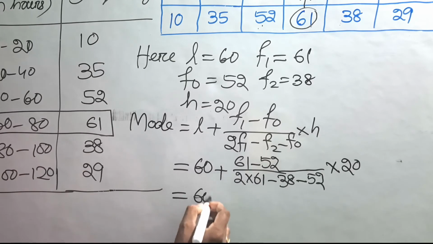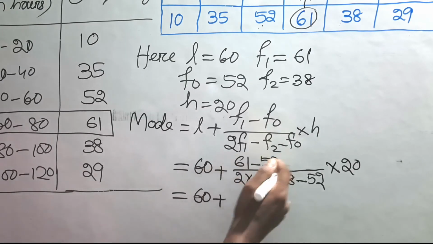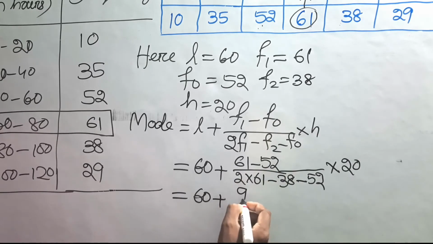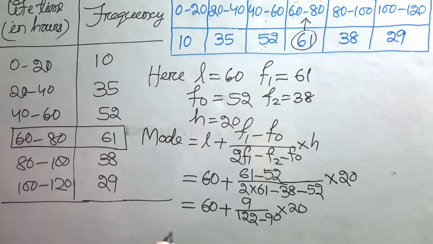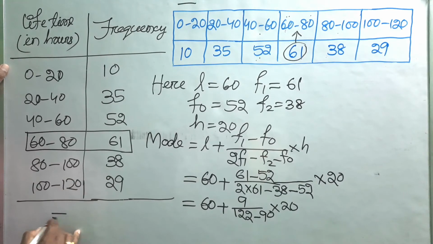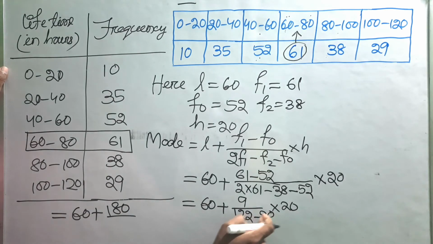Now this equals 60 plus, 61 minus 52 is 9, divided by 122 minus 90, into 20. So this equals 60 plus 9 into 20, that is 180, divided by 32.